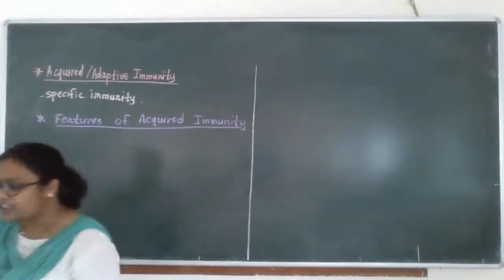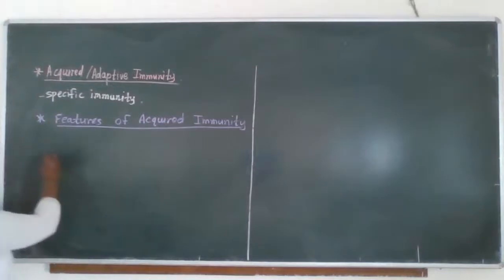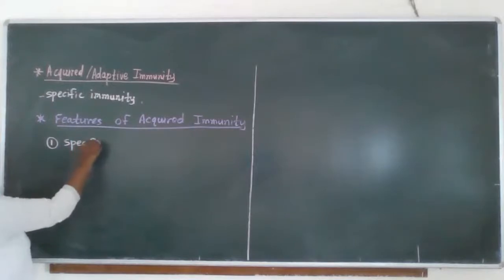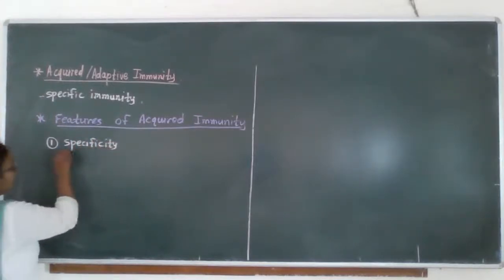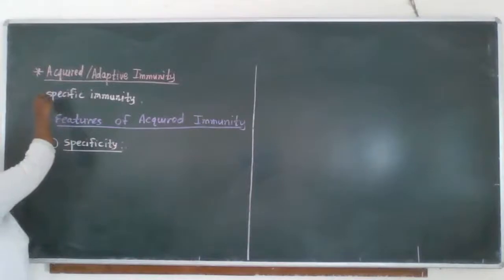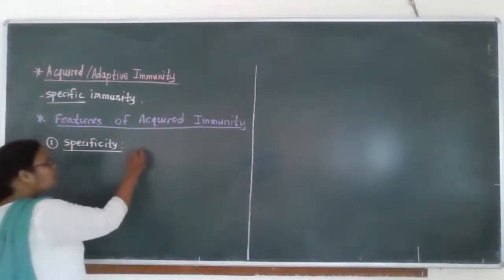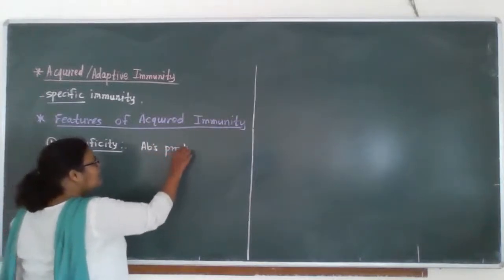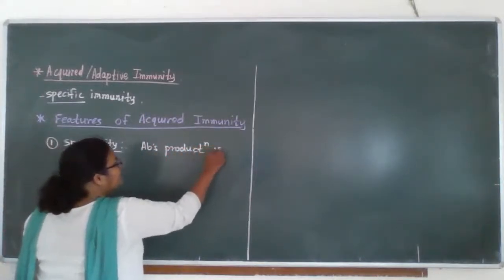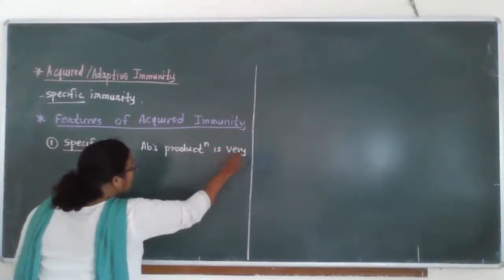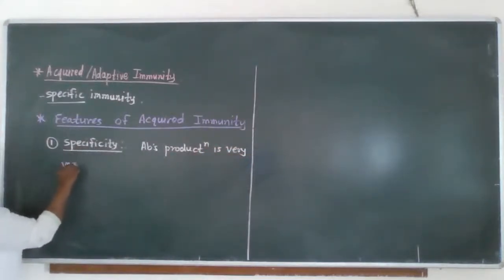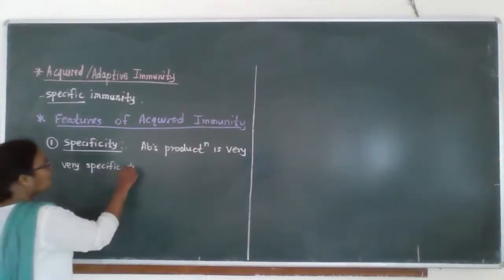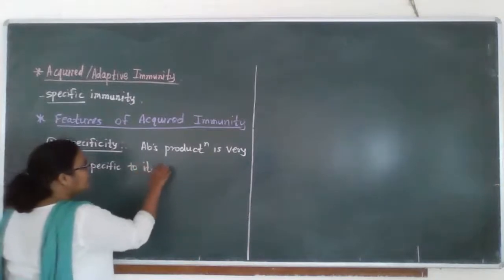The first feature of acquired immunity is specificity. As you know, it is named specific immunity. So antibody production is very specific to its antigenic invasion.